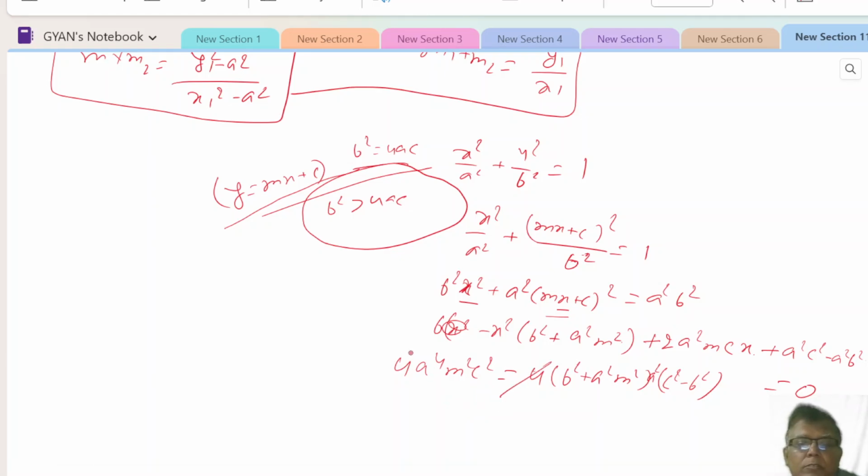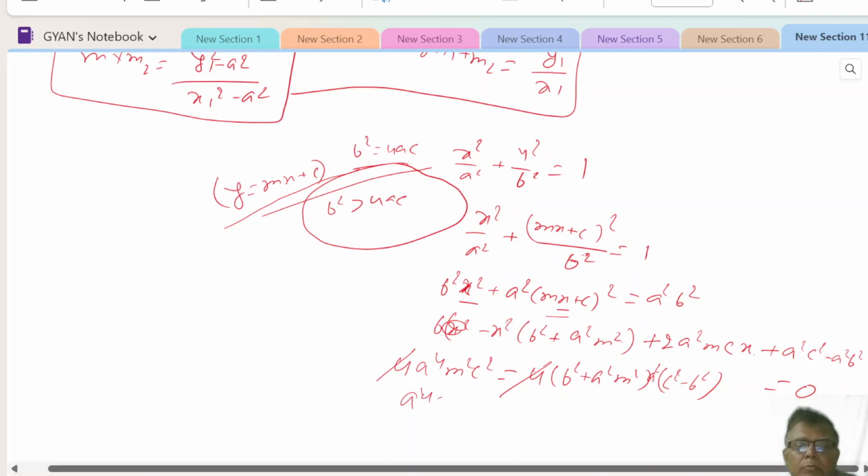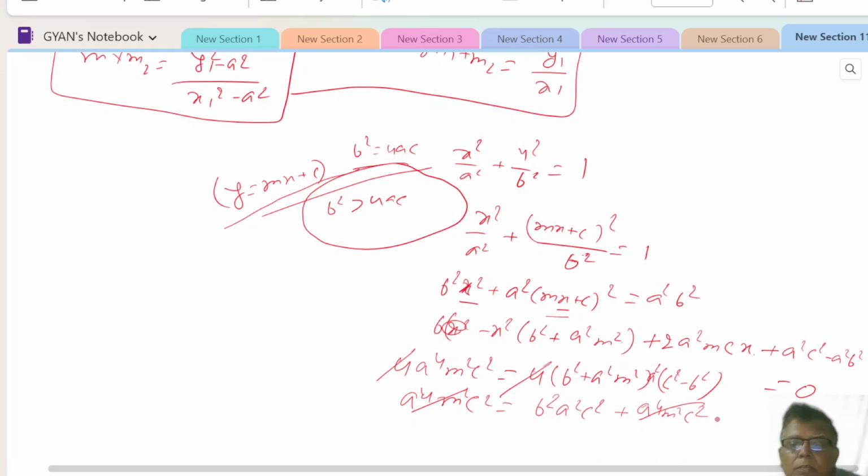So 4 and 4 cancel. Then a square m square c square is equal to b square a square m square plus a square c square, so this will get cancelled. Now this one minus b square a square minus a square m square b square.